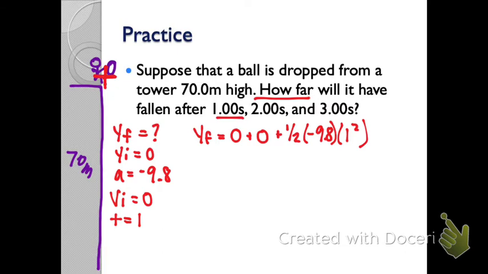All right, go ahead and grab your calculator if you don't have it yet. So really I'm taking 1/2 times negative 9.8 times 1, which means my y final is negative 4.9 meters. So what does it mean here that my final displacement is negative?